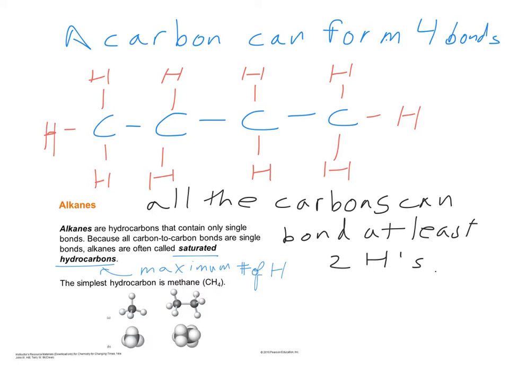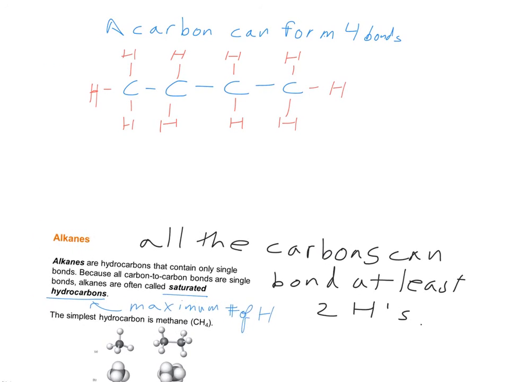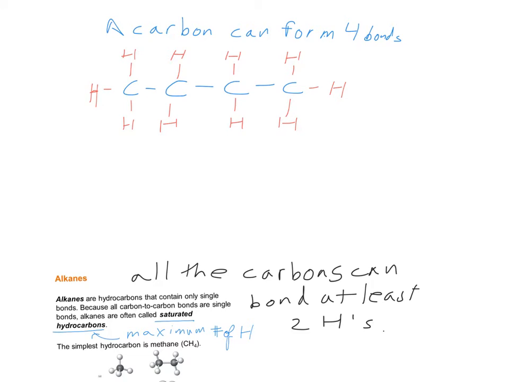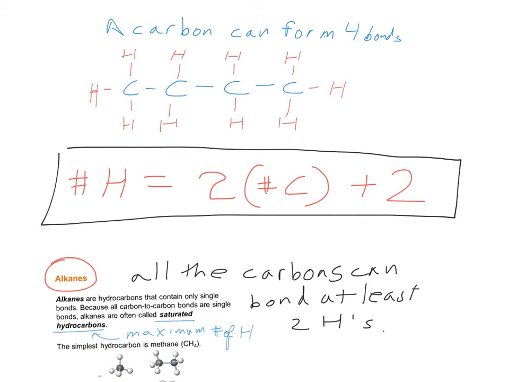So what you will see is that for an alkane, or alkyne, both are acceptable pronunciations, the number of hydrogens is equal to 2 times the number of carbons, because each carbon can bond 2 hydrogen atoms, plus 2 hydrogens from the end. And that's the number of hydrogens that you'll find in an alkane.